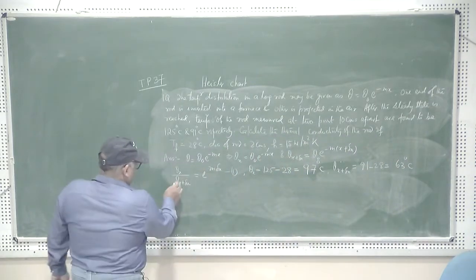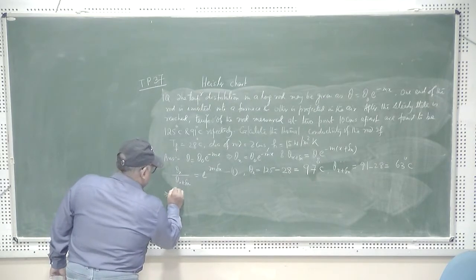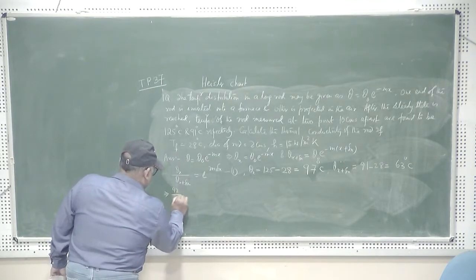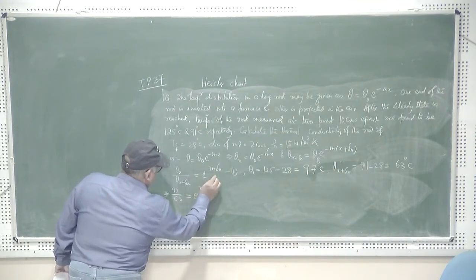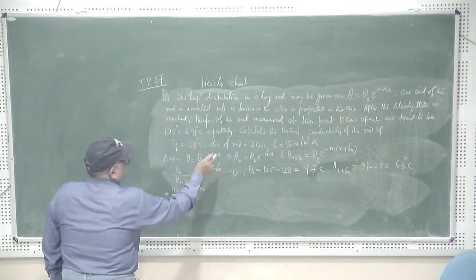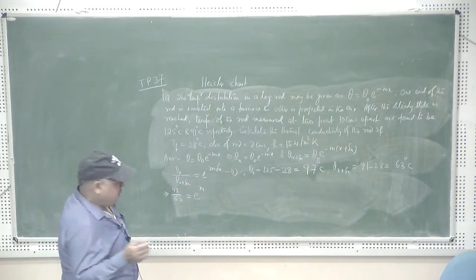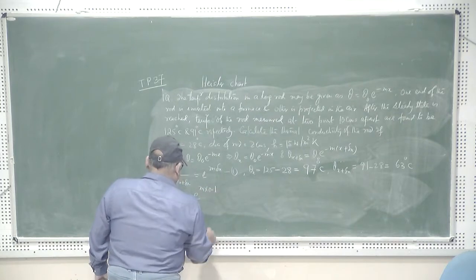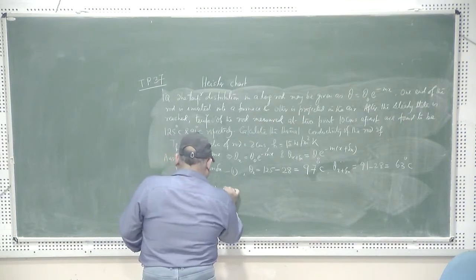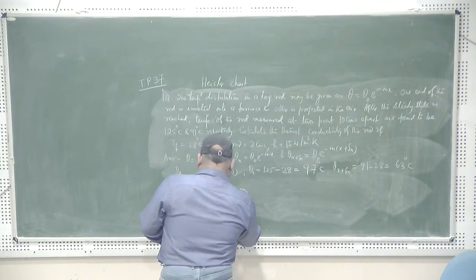So, putting here, 97 by 63 will be equal to e to the power m into delta x. Delta x is 10 centimeters apart, that means in MKS unit, that is 0.1. So, m into 0.1. From where you will evaluate the value through calculator, it comes as 4.316.